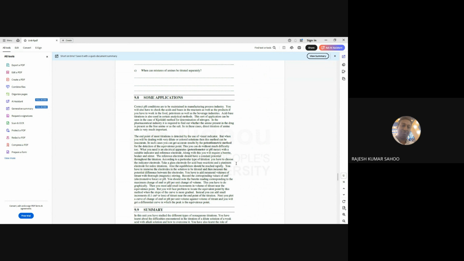Therefore, the Kjeldahl method, you know the Kjeldahl method, and the Lassaigne method are the methods used to determine nitrogen. So in Kjeldahl's method, it is used in the pharmaceutical industry, it is very much required in drug analysis.